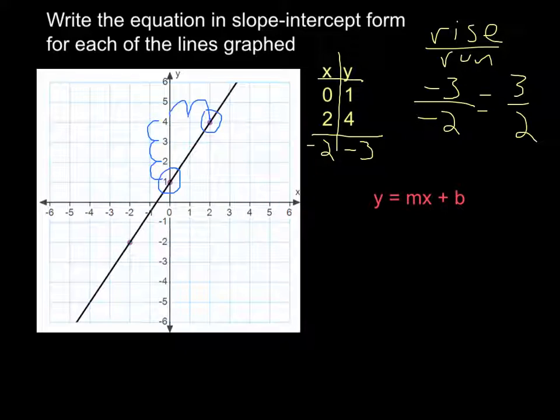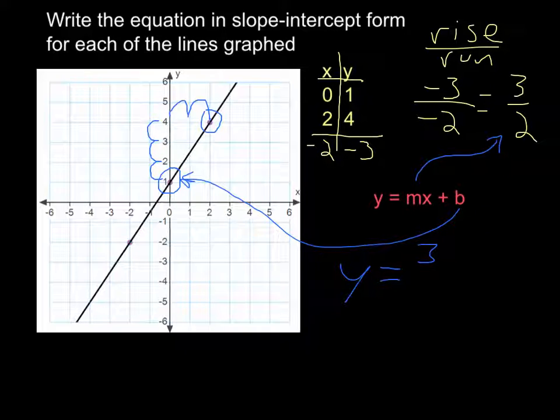And we know that the slope is m, and the b is where it crosses the y-axis. So to plug in those numbers, we get y equals 3 over 2x plus 1. And that is our equation in slope-intercept form.